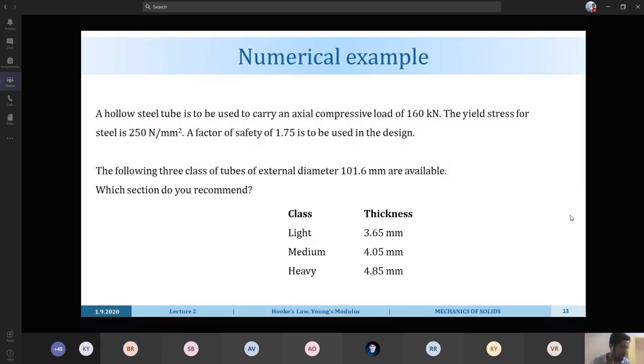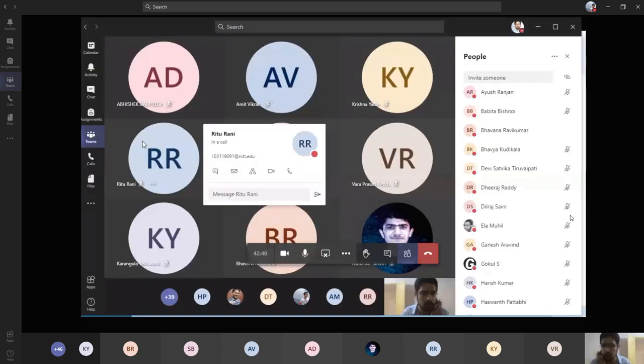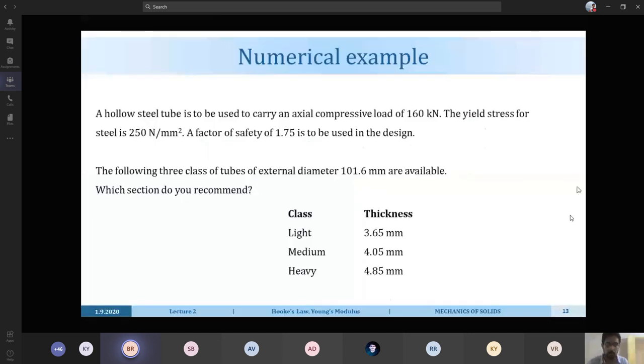Bhavana, did you get the answer? The area? Sir, for the radius 50.8 mm, the area will be 8107.319 mm square.